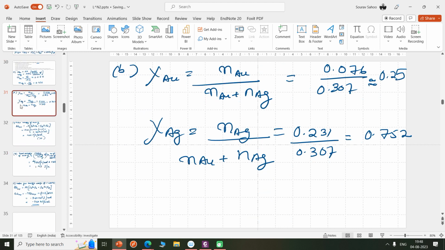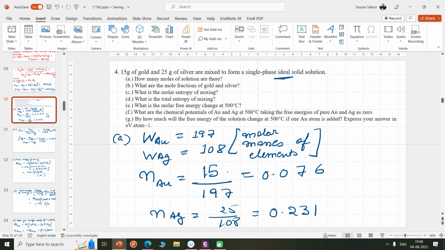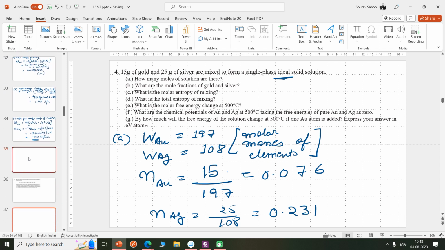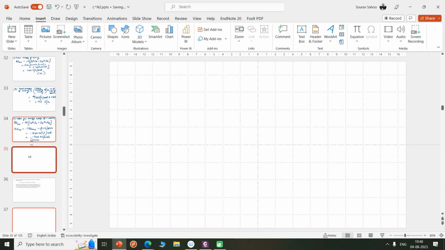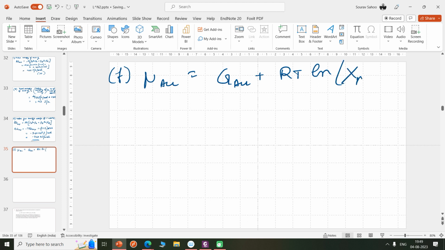And then the last part is: what are the chemical potentials of gold and silver at 500 degrees centigrade, taking the free energies of gold and silver as 0? So mu Au is equal to G Au plus RT ln chi Au.